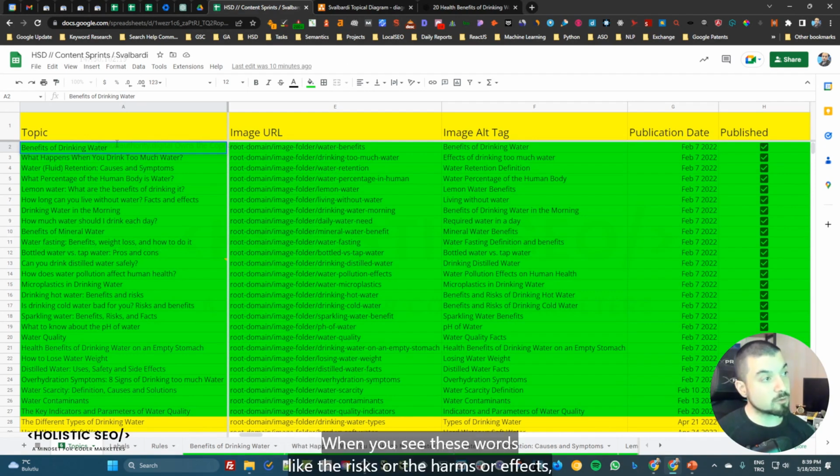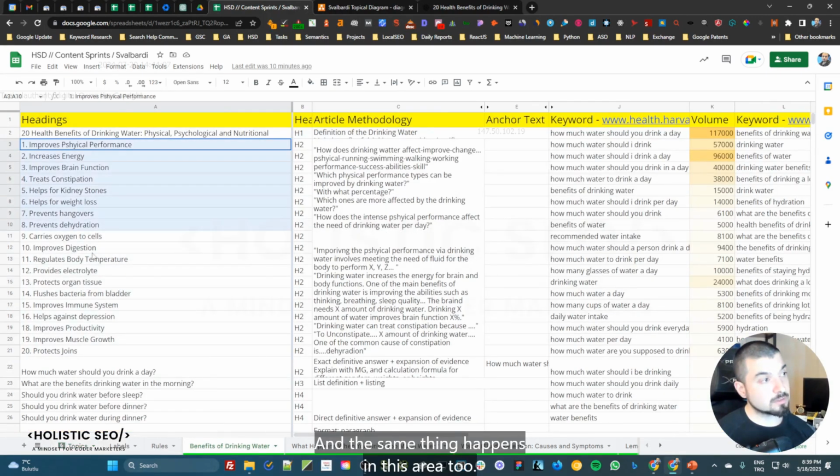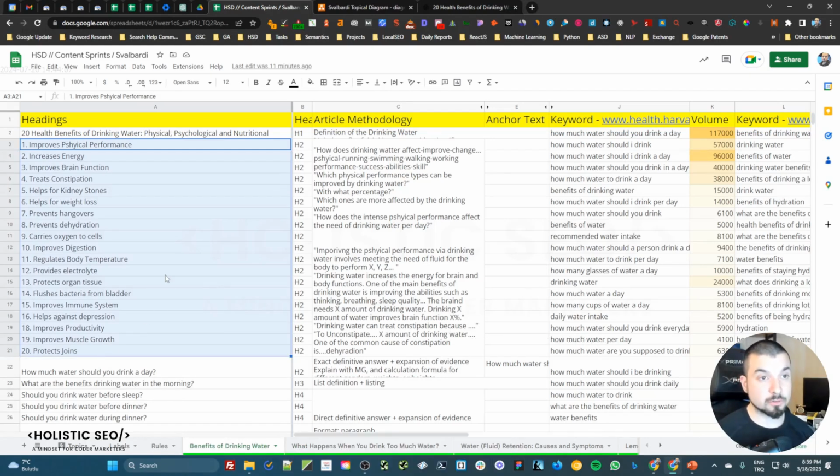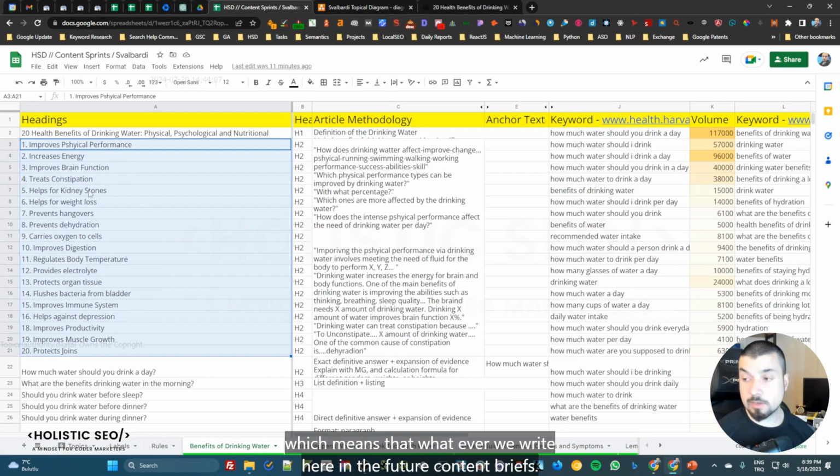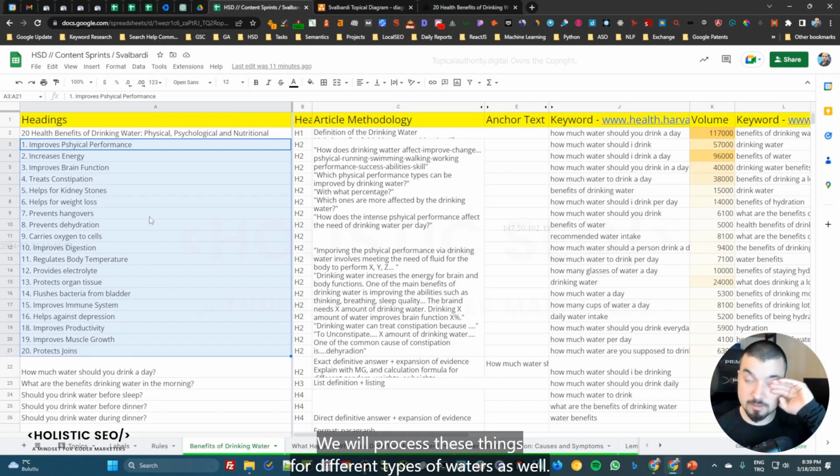When you see words like risks, harms, or effects, these are again variations of benefit when you augment this specific phrase. And the same thing happens in this area too. Whenever we see a benefit for a certain type of drinking water, we will always have these specific criteria, which means that whatever we write here, in the future content briefs, we will process for different types of waters as well.